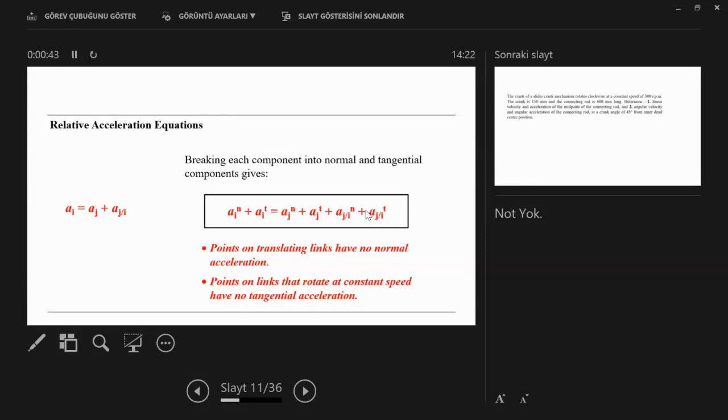Here is I plus G and G plus G relative to I, and the same, G relative to I.